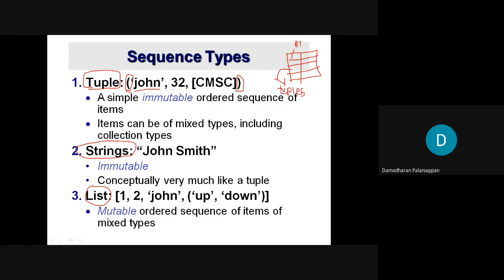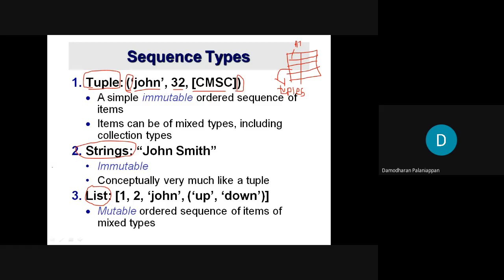The second value is 32, representing an integer. The third, we can give in square brackets. The value CMSC is one variable given in square brackets. If it is a square bracket, it denotes the list data type.